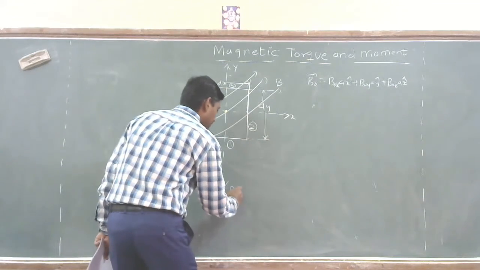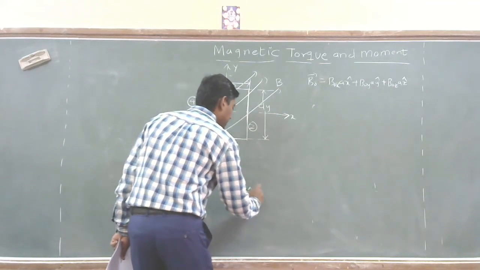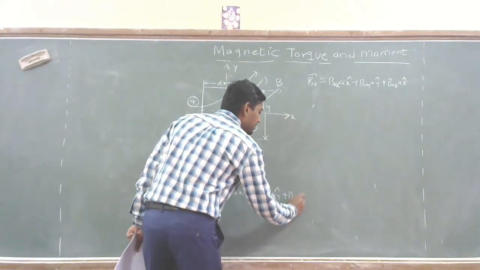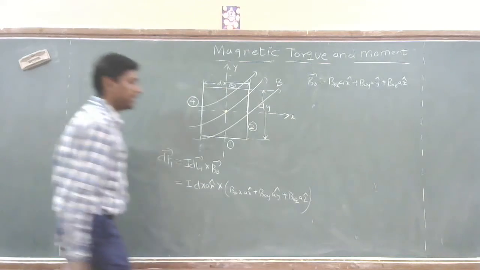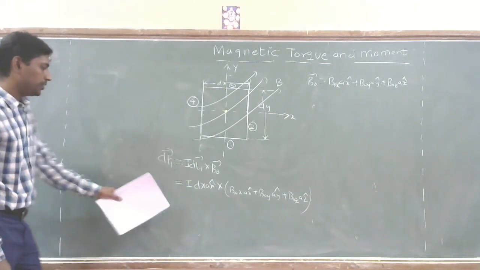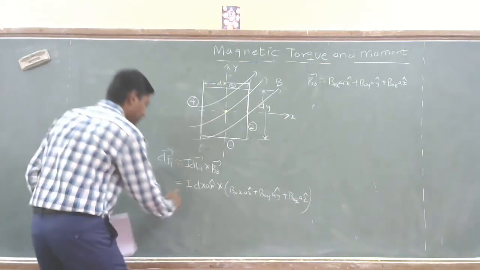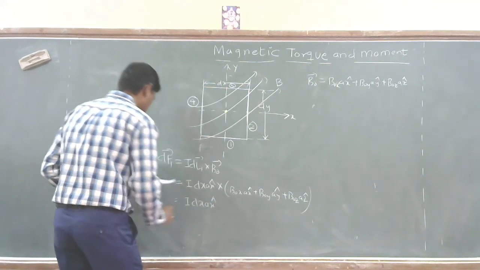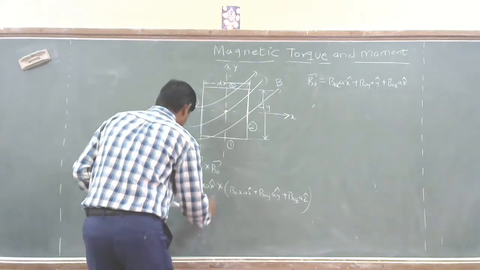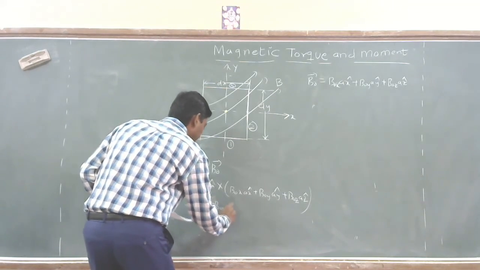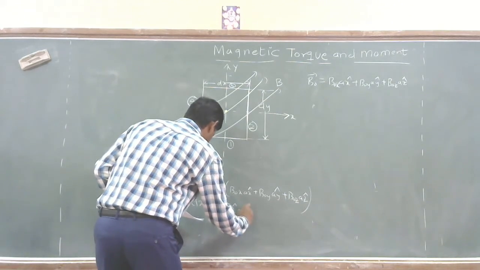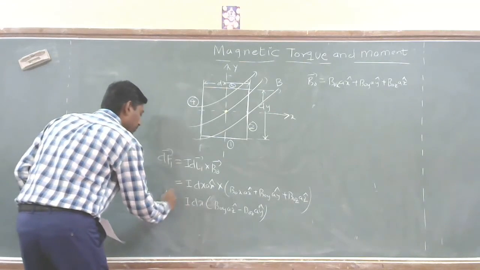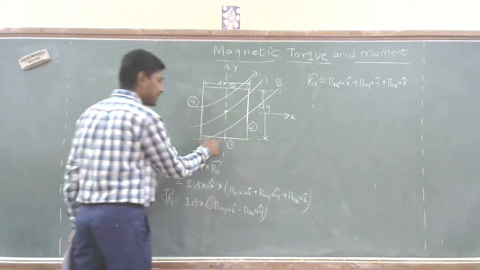That is the general B field at the center. So you can really check that the cross product will lead to I dx, okay, times B0y az hat minus B0z ay hat. So that will be the force on this particular segment.